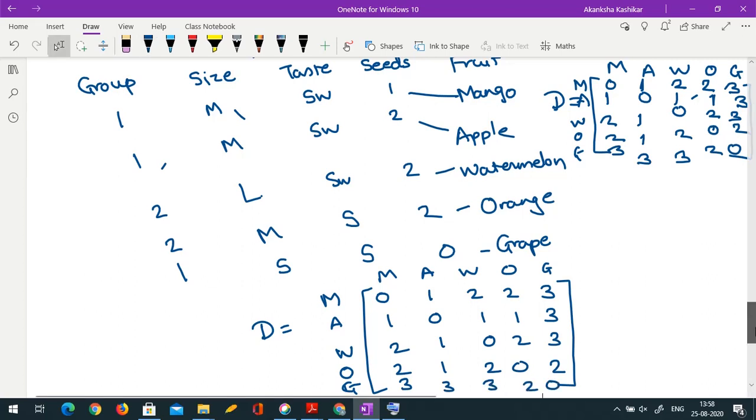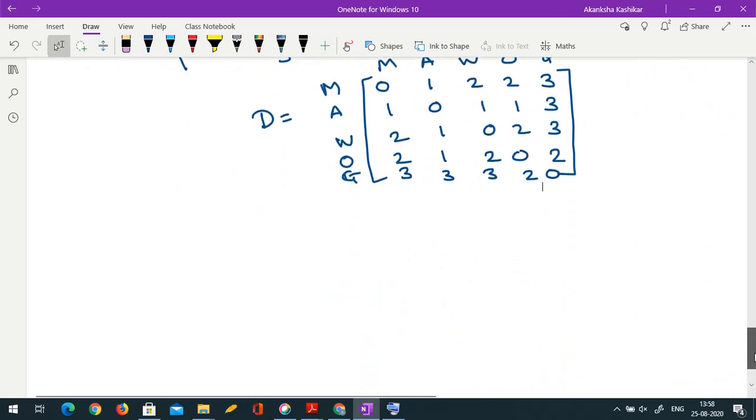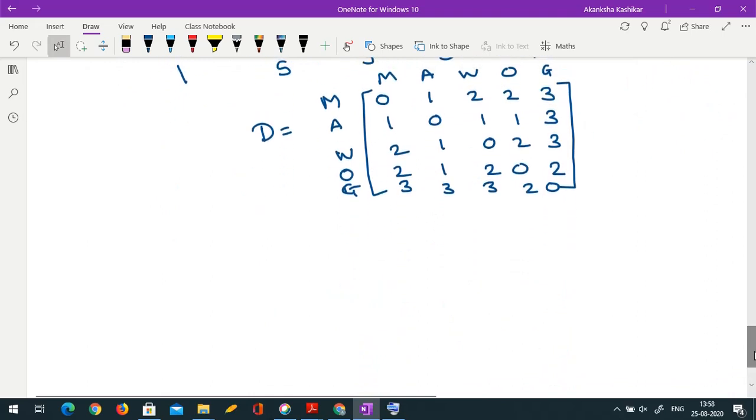Okay. Now I have to do 3 nearest neighbor classification on this. So for each of these fruits, mango, apple, watermelon, orange, grape, I have to first locate 3 nearest neighbors and then on the basis of those neighbors I have to compute y hat.